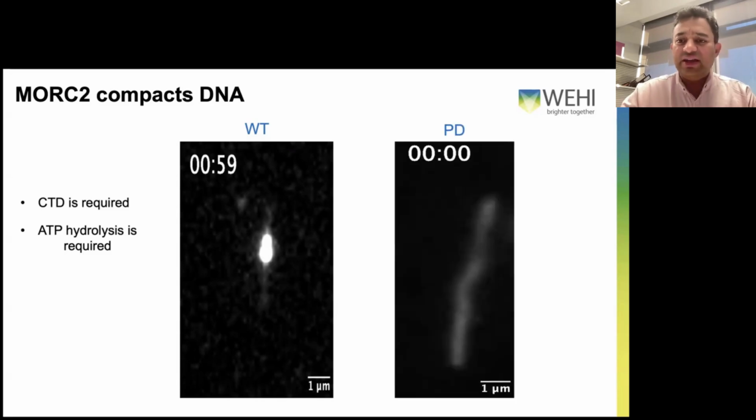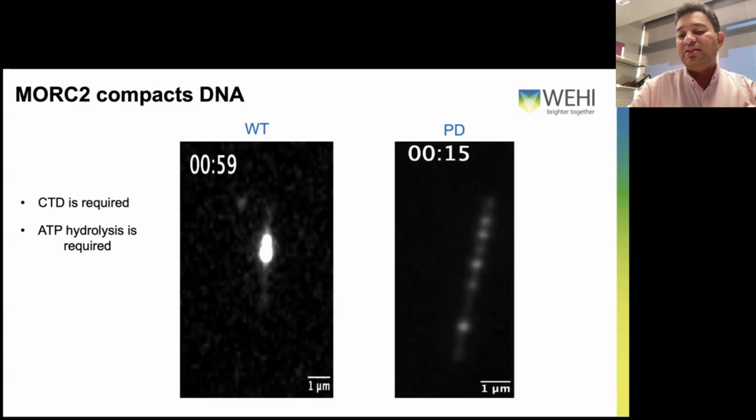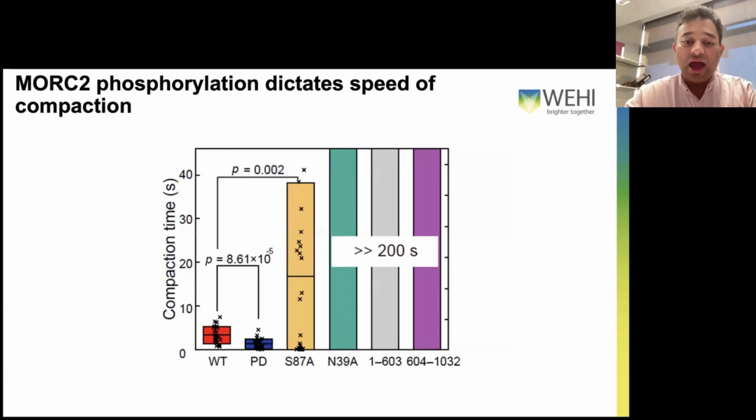And even more excitingly, when we use our phosphodiesterase mutant, we see the puncta forming much earlier. We can quantify that, and we see that these chromatin remodeling events, or the DNA compaction, are happening twice as fast in the phosphodiesterase mutant as compared to the wild type.